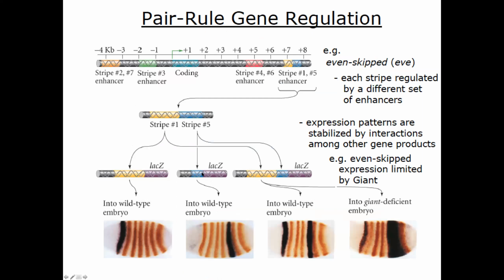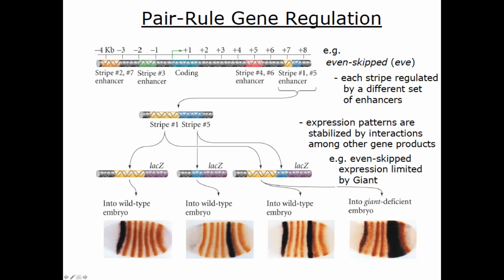And each stripe here is a consequence of a different enhancer, which is bound by a different transcription factor. So this particular enhancer is perhaps controlled by giant, or this enhancer is controlled by giant, this is controlled by some other gap gene.